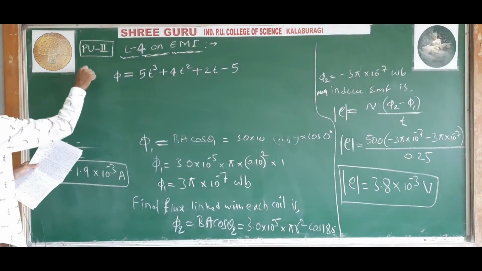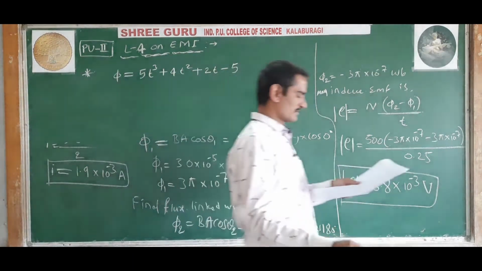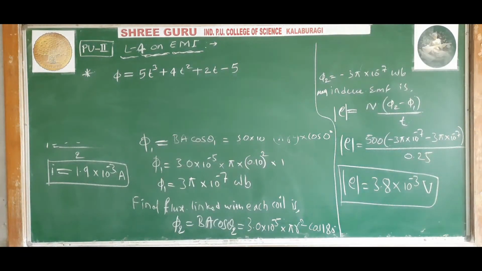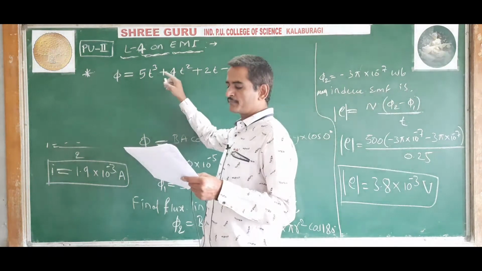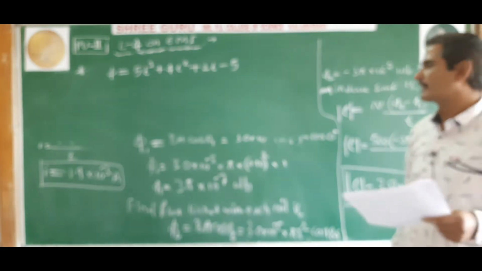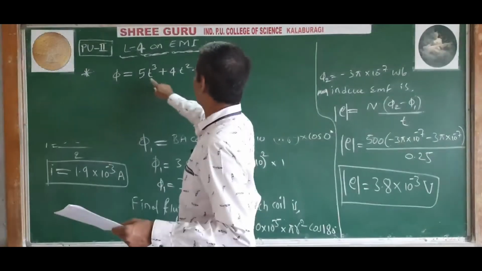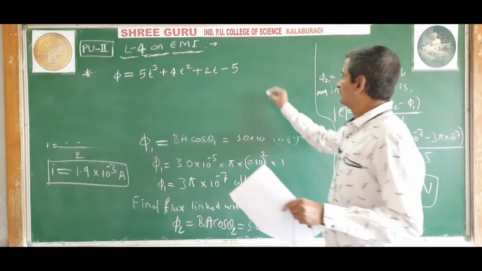What is the question number? It is left to you. Okay, you only write the number. The magnetic flux through a coil perpendicular to the plane is varying according to the relation phi is equal to 5t cube plus 4t square plus 2t minus 5 Weber.